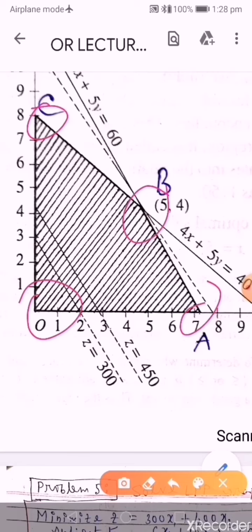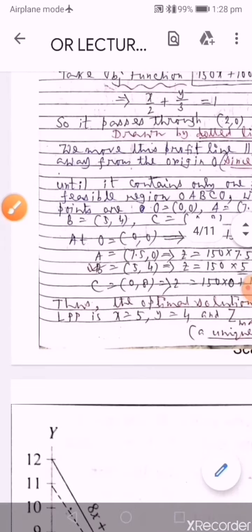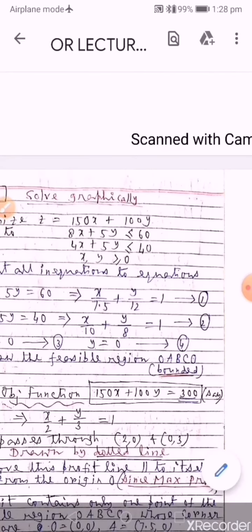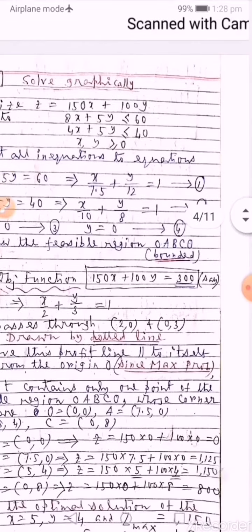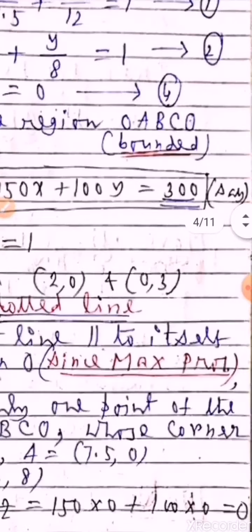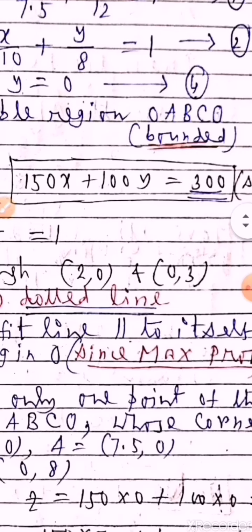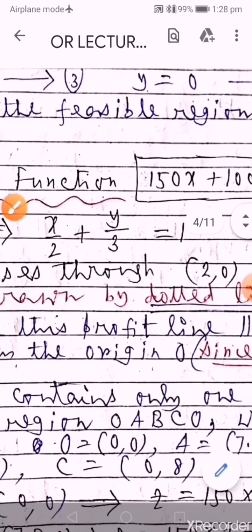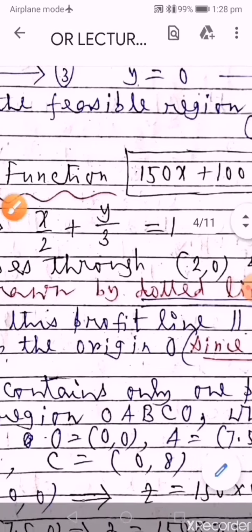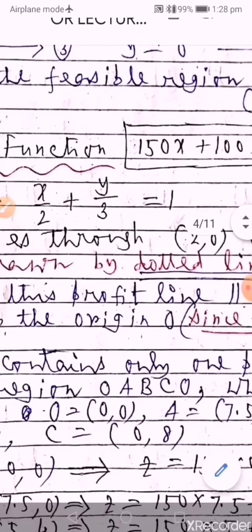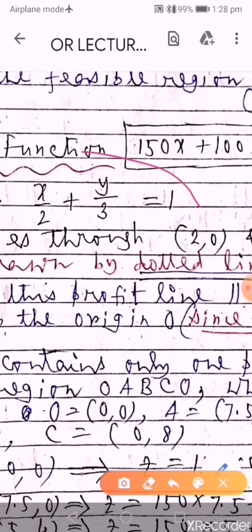Now, let us consider the objective function, which was here 150x plus 100y. We choose some z. For example, we have taken here z is equal to 300. So it reduces the equation x by 2 plus y by 3 is equal to 1 after dividing the equation by 300. So x by 2 plus y by 3 is equal to 1.